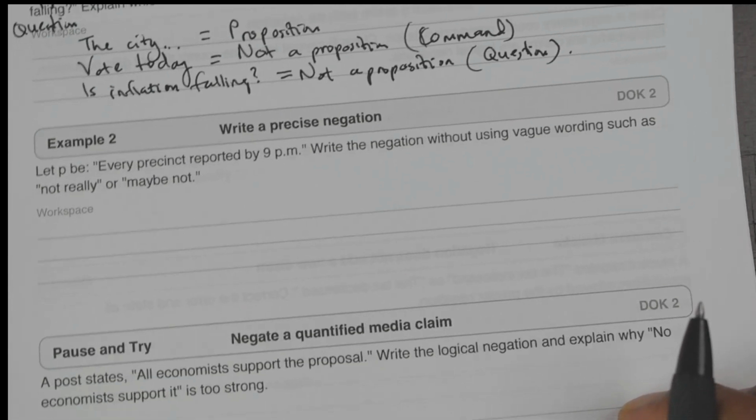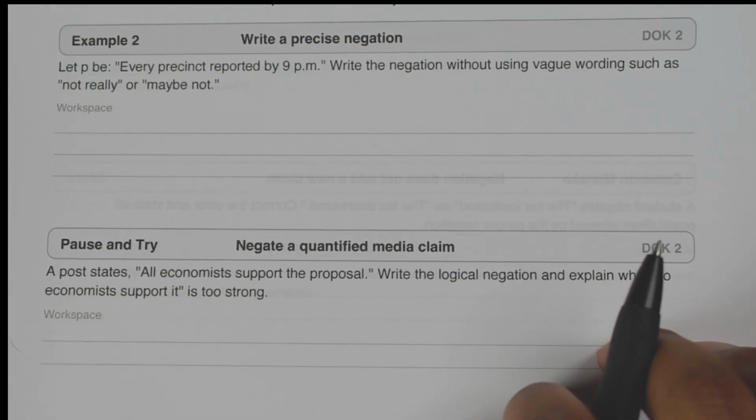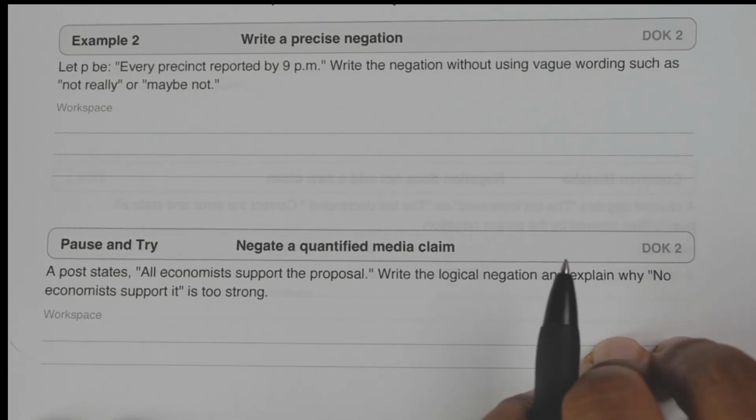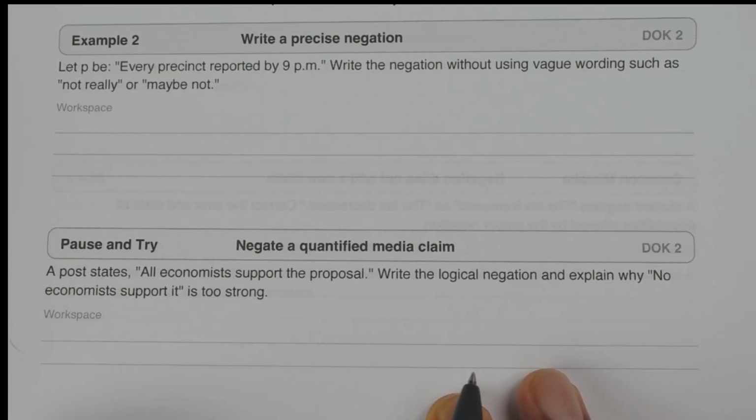All right. Example number 2, write a precise negation. So let P be: every precinct reported by 9 p.m. So we need the logical negation of that. A common mistake is to write something vague like not really, or maybe they didn't, or to go so far and say that no precinct reported by 9 p.m. But that's not the negation.